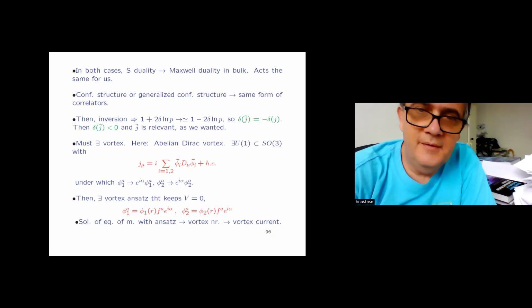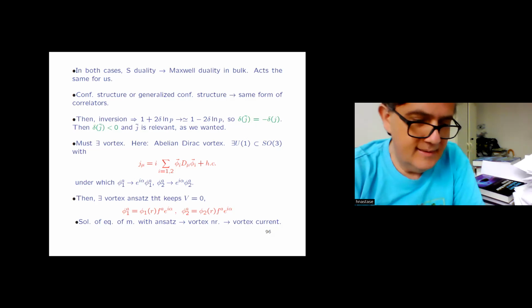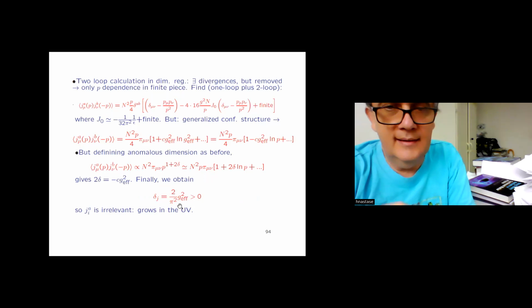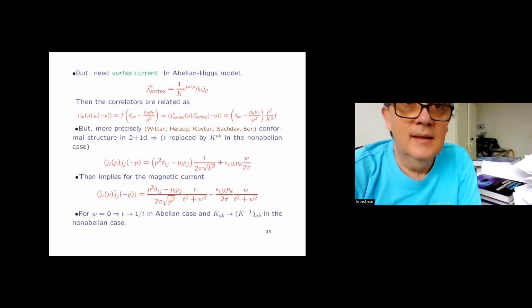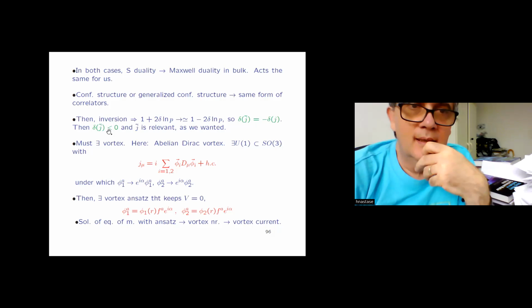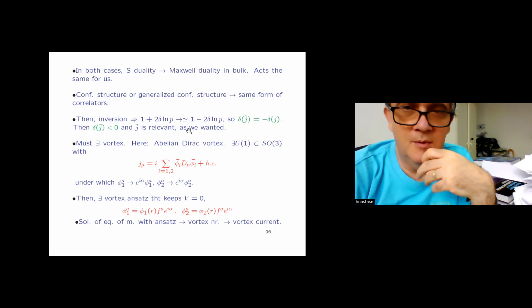So the effect of this electric-magnetic duality exchanging Noether currents for vortex currents is just changing the sign of the anomalous dimension. And since we obtained that the anomalous dimension was positive, meaning the Noether current was irrelevant, that means that the magnetic current has negative anomalous dimension, which means it is relevant as we wanted.